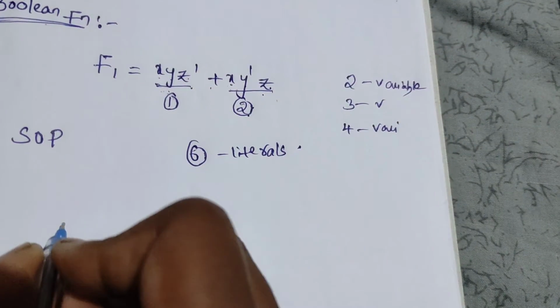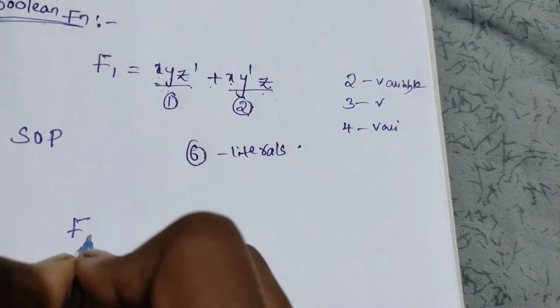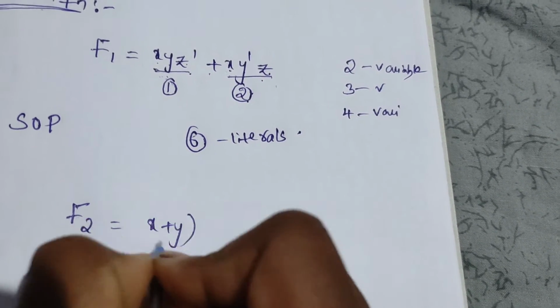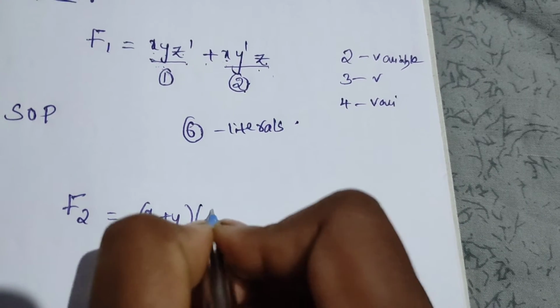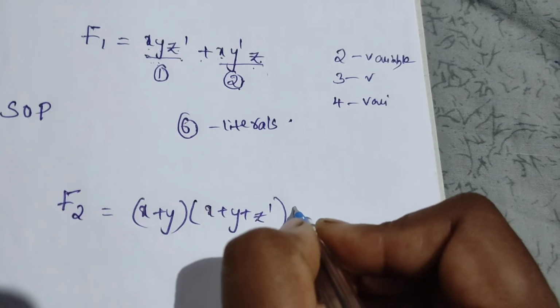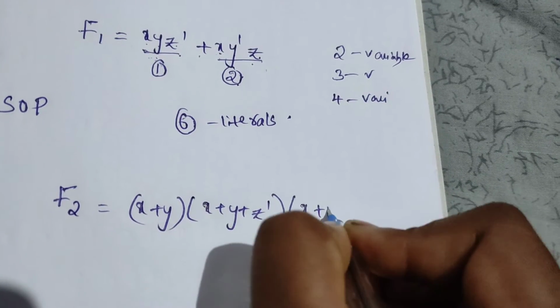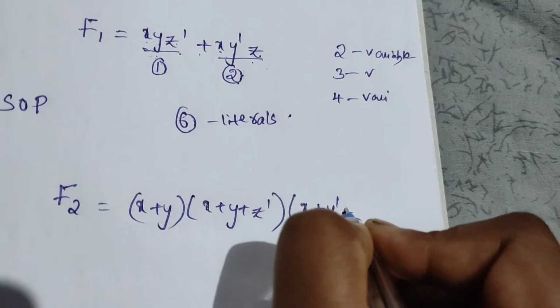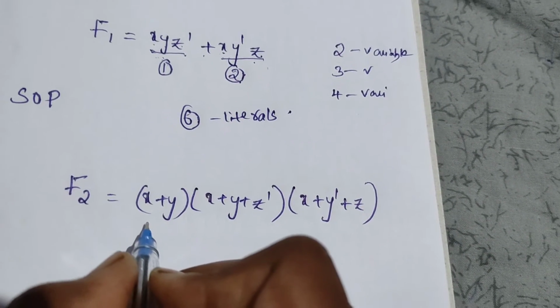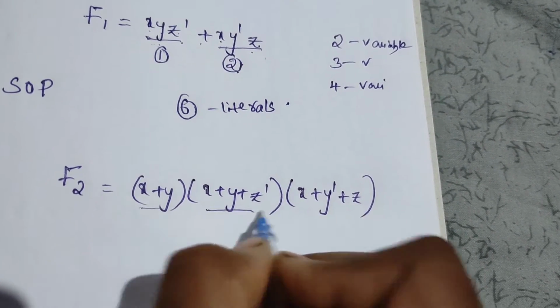Let us take another example of a Boolean function f2: x plus y, into x plus y plus z bar, into x plus y bar plus z. This function consists of a total of 3 terms.